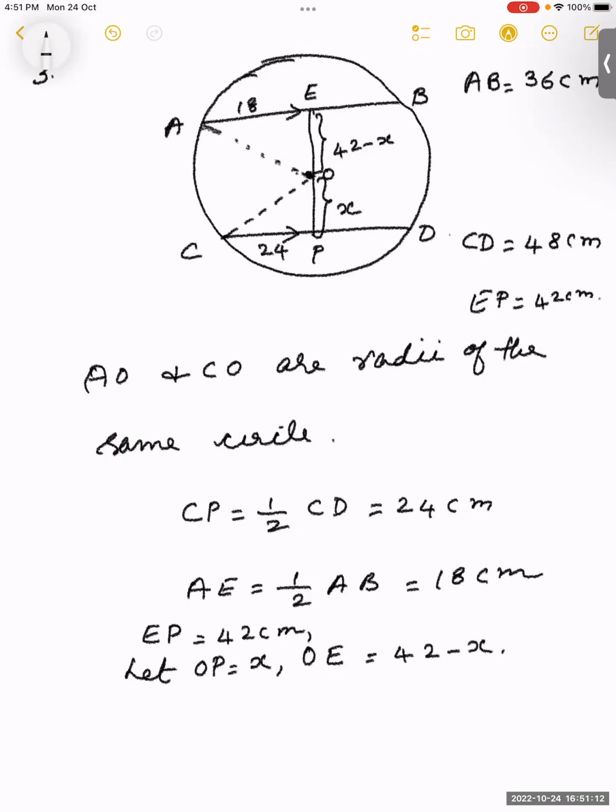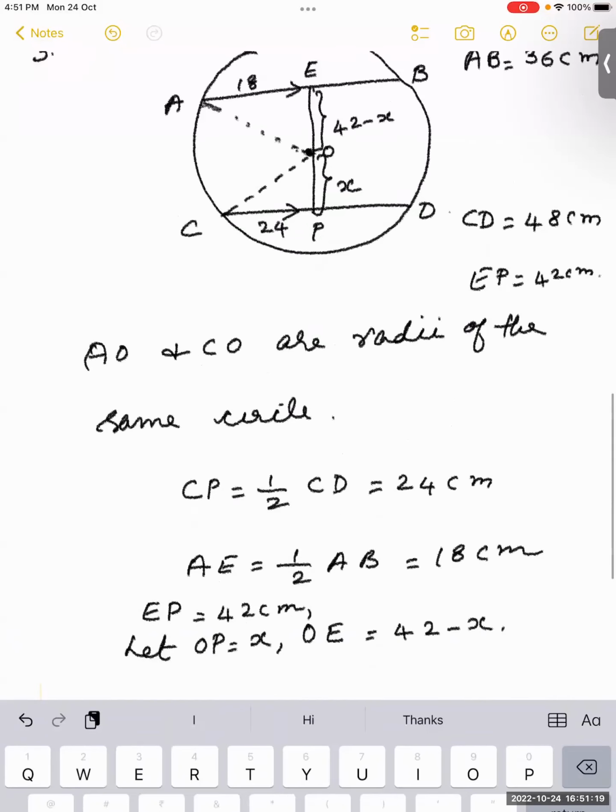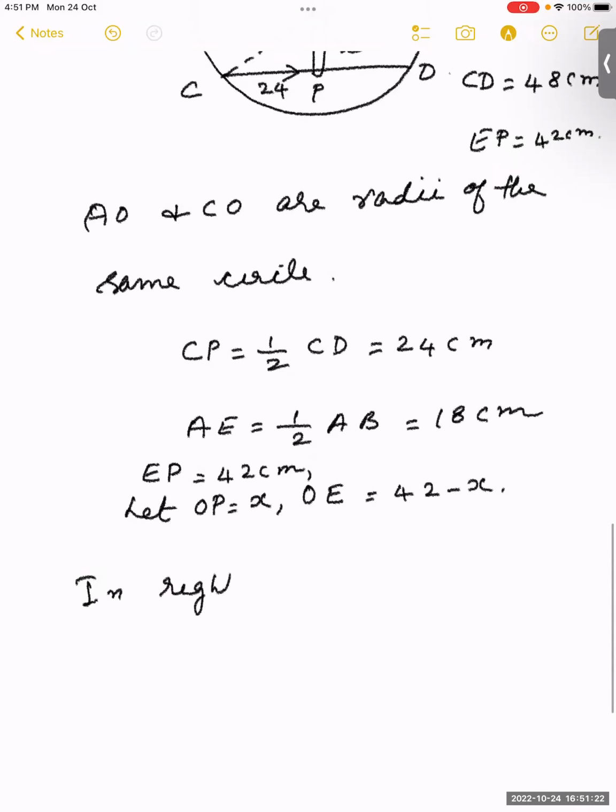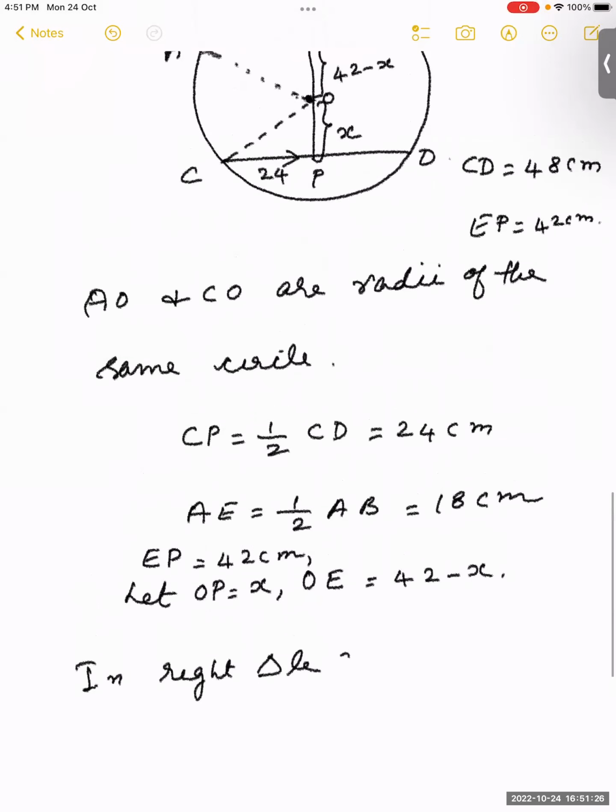Understood, ma'am. Okay. So now, in the right triangle OPC, can I write OC square equal to X square plus 24 square?